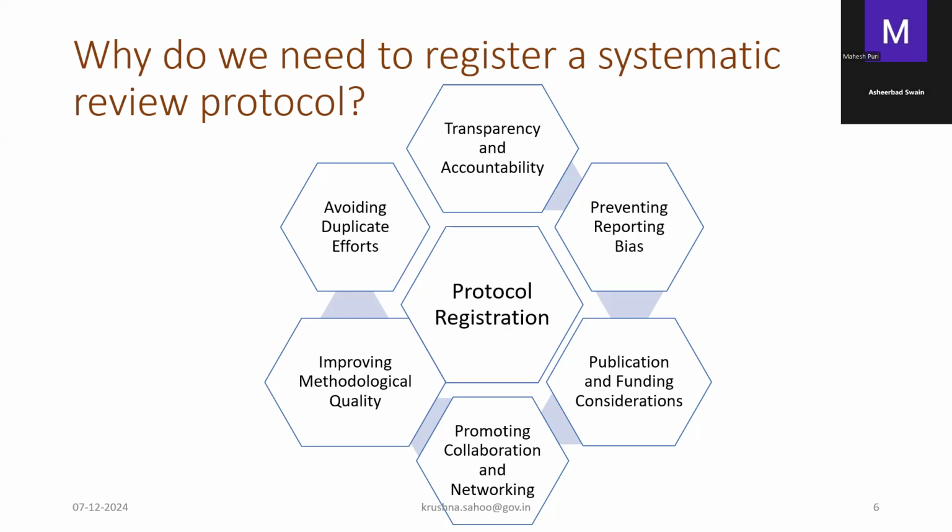It is not that you write whatever you want, because it is again reviewed by a third party. That is again transparency. Someone will review, and once they are satisfied that all the required methodological parameters are mentioned correctly, then it will be considered for registration. So that also prevents reporting bias.